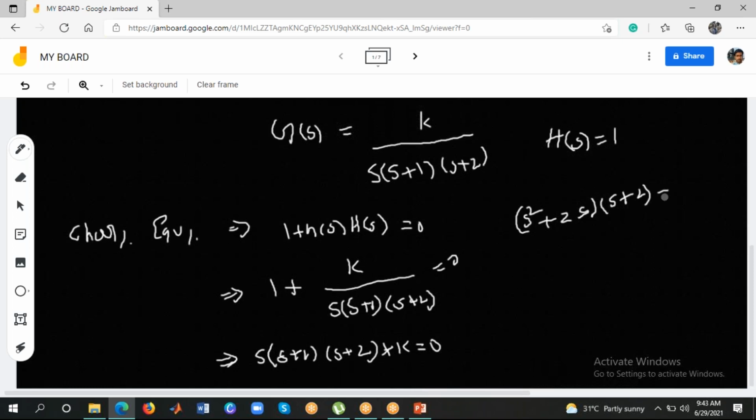Next, S cubed plus 2S square plus S square plus 2S plus K equals 0.